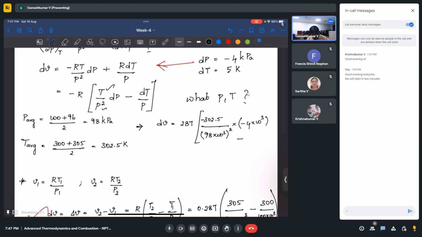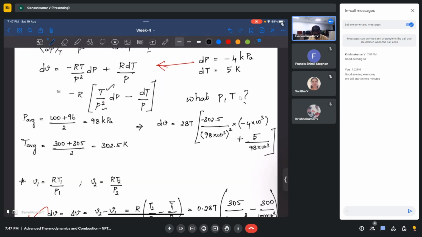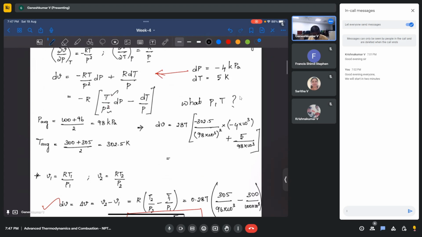Minus change in temperature, which is 5 Kelvin. It is going to be plus here now because we take the minus sign inside, and now we have pressure here, which is 98 kilopascal, 10 power 3. Right. Now can you find the answer and let me know what is the right answer? Everything is positive here if you note. What is the answer you get?